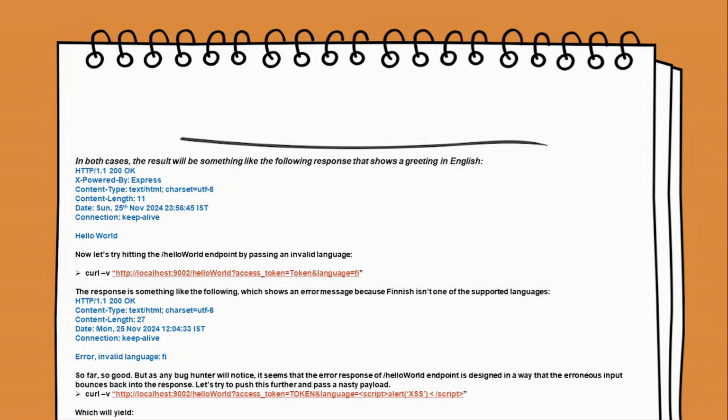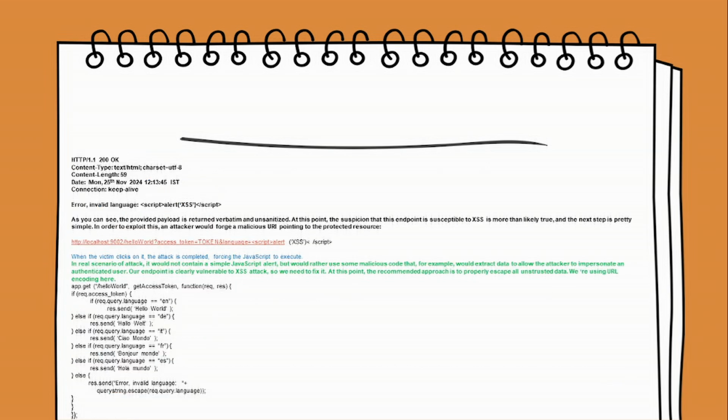You are just putting this value as a script in language. Now what is the output we are going to get? Let's see in the next slide. It will give the same thing: the result is error, invalid language, and whatever script you are putting is embedded here in the output. So what happened here, as you can see, the provided payload is returned verbatim and unsanitized.